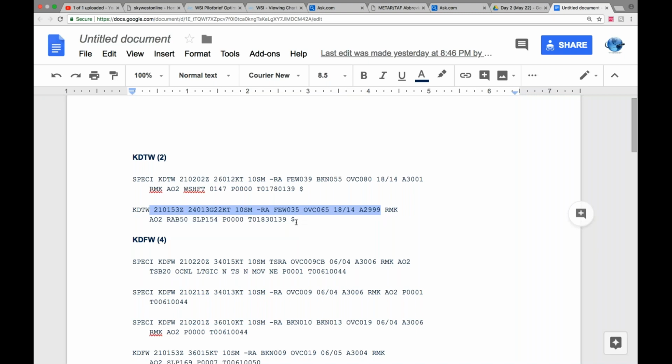We see a temperature dew point spread right here, and in every single METAR you're also going to have the same thing in the remarks. But what's the difference? This is a more accurate temperature reading of what you see here.